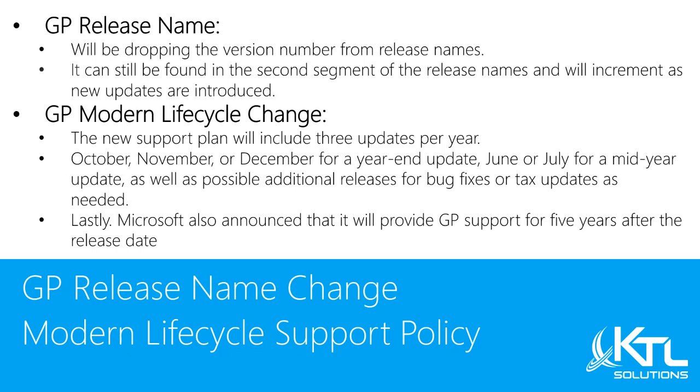It's just going to make it more consistent with the other products, and the life cycle is going to be the same way. There are going to be releases that come out at least 3 times a year at a minimum, kind of one in the spring, one in the fall, and then there'll be year-end updates. There also could be interim bug fixes or defect-type things that they need to update throughout the year, but there's going to be a minimum of 3 updates pushed out throughout the new release schedule.